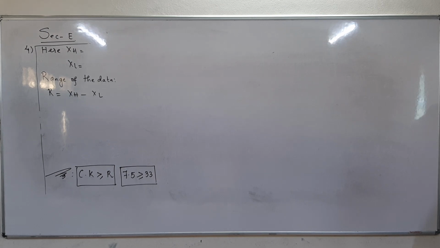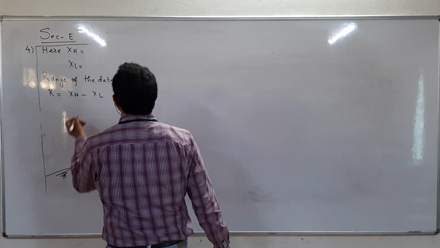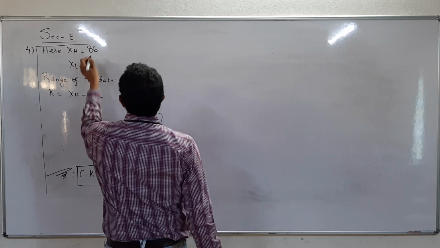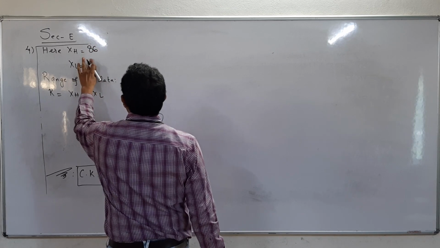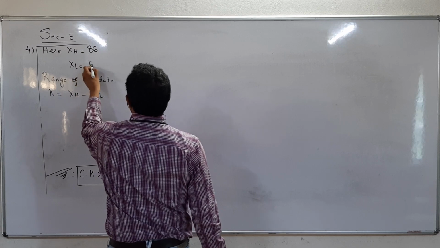I think the maximum observation is 86. Yes, we don't have any observation which is greater than 86. The minimum is 62. So XH is 86 and XL is 62.